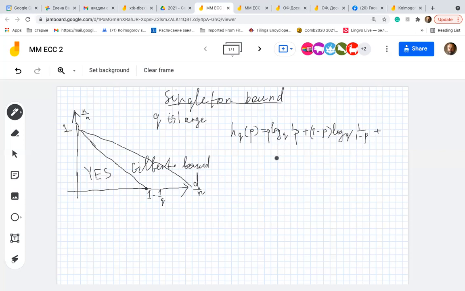And the most important is the second term, which is log base Q of Q minus 1 times P. And if Q is very large, then this is very close to 1, and this is close to 0. So this is approximately equal to just P when Q is large. So we assume that Q is large. And that means that this bound is very close to the straight line from 1 to this one. And the Hamming bound is also close to the straight line.